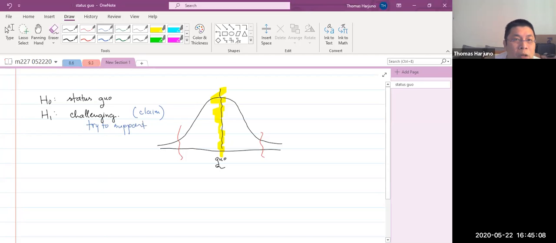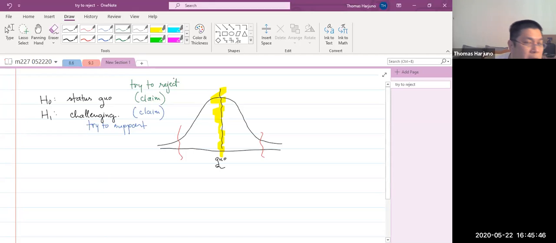Now, on the other hand, if the claim is with the status quo, we will try to reject. So when we are testing what we had just now, the claim happened to be with the status quo, then the wording is more into there is sufficient or insufficient evidence to reject or not reject the claim.